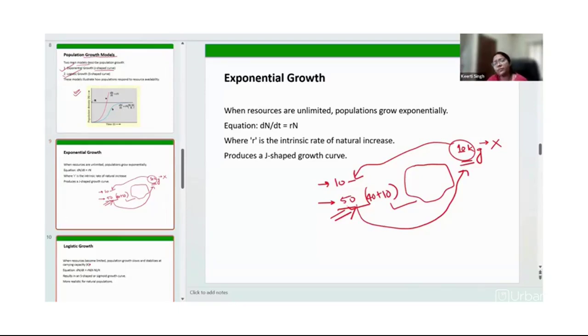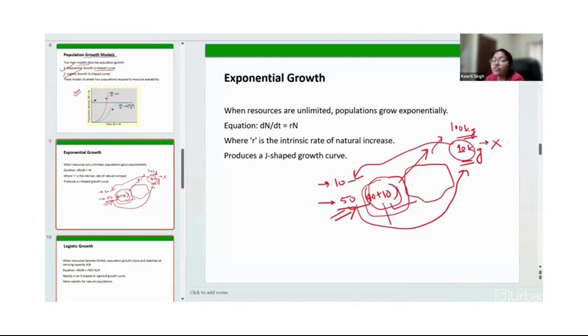Of course, see what will happen if we have 100 kg of food there. This 50 population will flourish. They will eat food, they will do their activities, they will interbreed, they will produce more individuals.